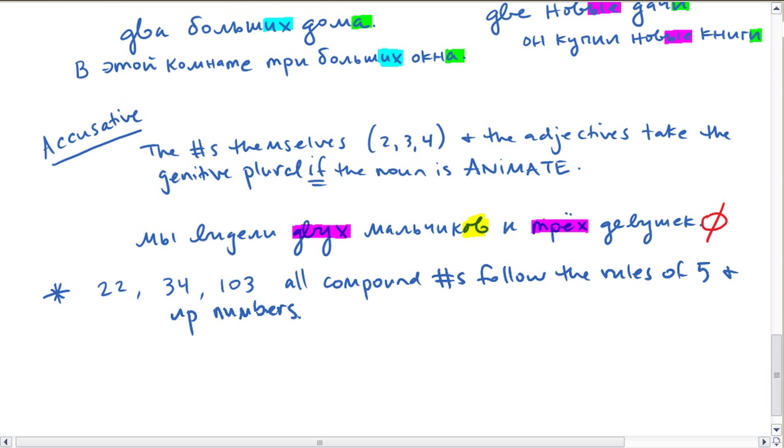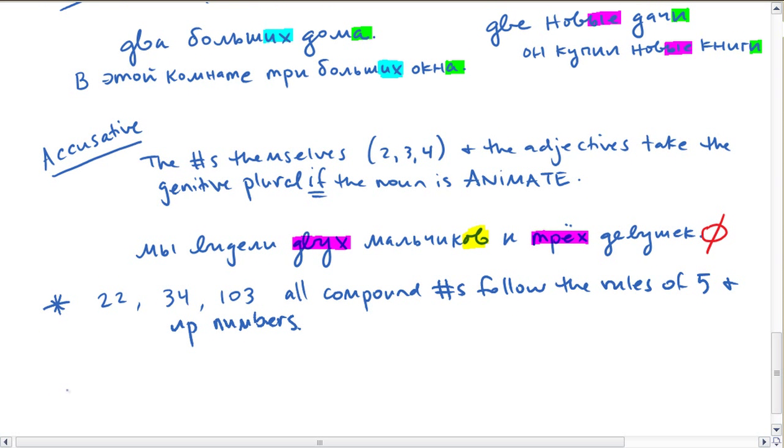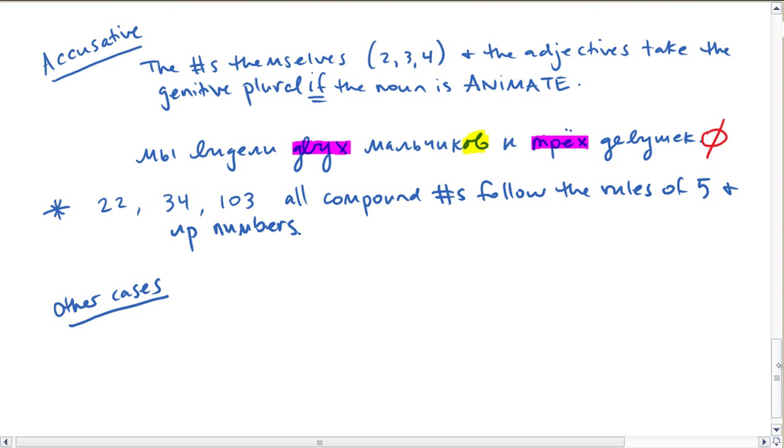Okay, so then if you have 2, 3, or 4, and you're dealing with oblique cases or the other cases, the rules change again.